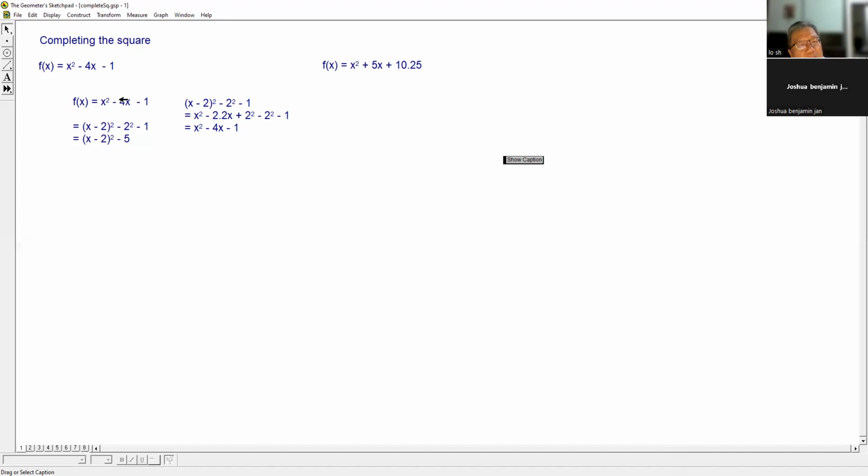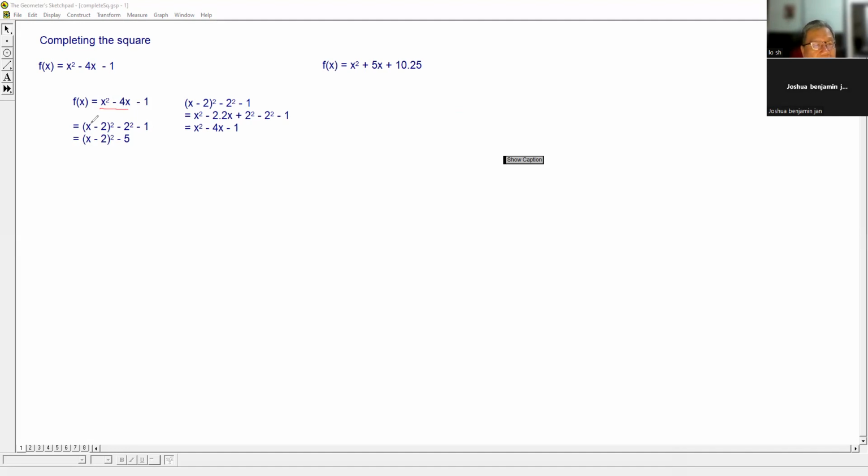Okay, what you need to do is you look at these first two terms here. The last term, don't care about the last term, right? Now, these two terms, you are going to change it to square form.